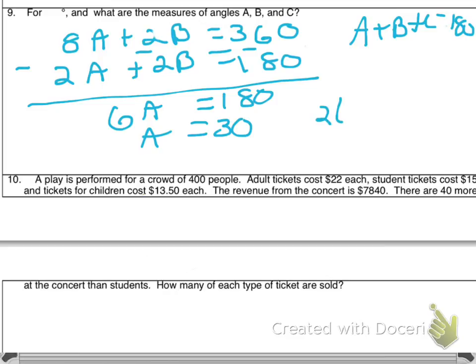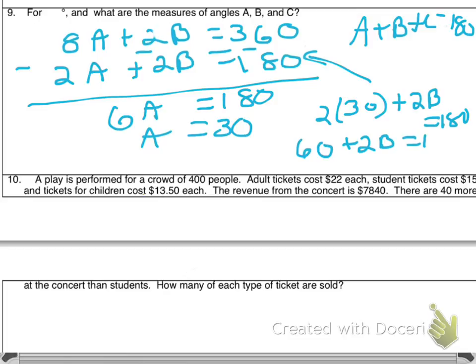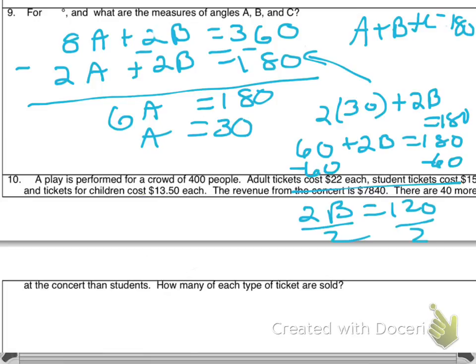So 2 times 30 plus 2B is equal to 180. I'm just using this equation here. So 60 plus 2B is equal to 180. Subtract 60 from both sides, and I get 2B is equal to 120. Divide both sides by 2, and I get B is equal to 60.